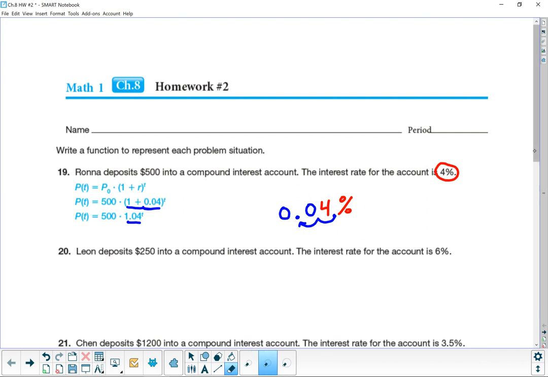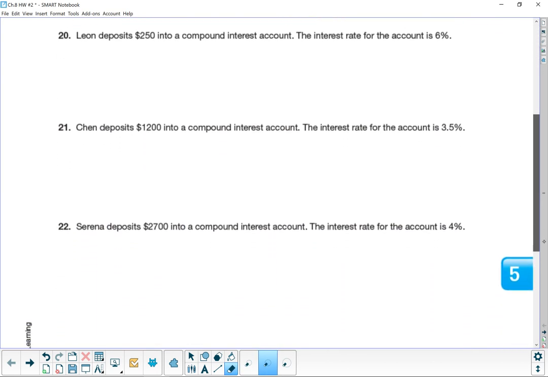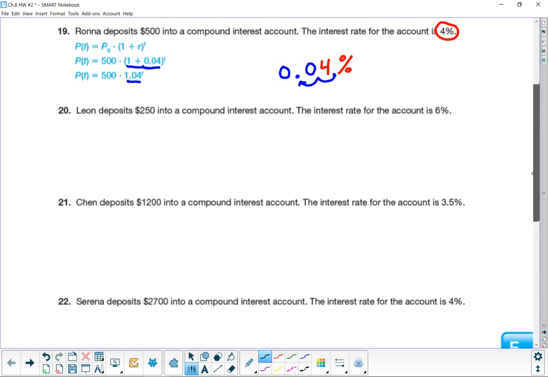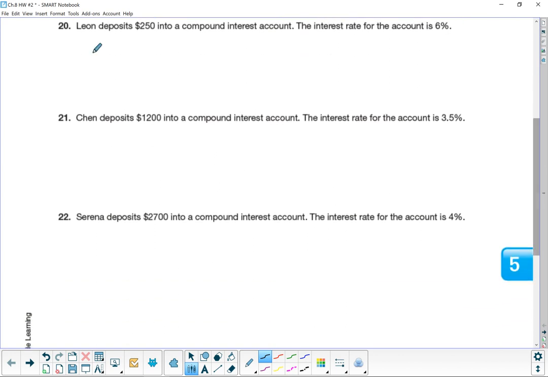Okay, so let's look at number 20. Leon deposits $125. So you're going to start with P of t equals $250, parentheses 1 plus the rate. The rate in this case is 6%. If you change that to a decimal, you move the decimal 2 times to the left and add in your 0.